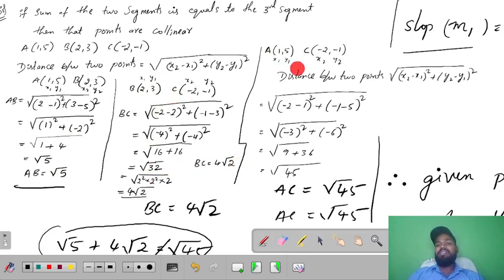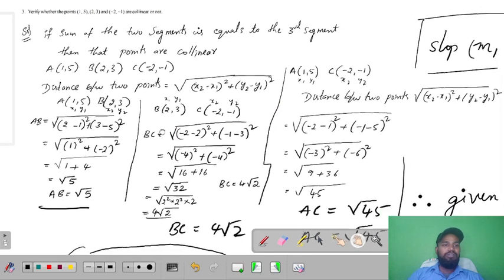And for A and C, I substitute the values and got the AC value. So just compare whether the sum of the two segments is equal to the third segment or not. If they are equal, then they are said to be collinear, otherwise they are not collinear. So this is your third solution. Okay, clear? So moving to the fourth solution.